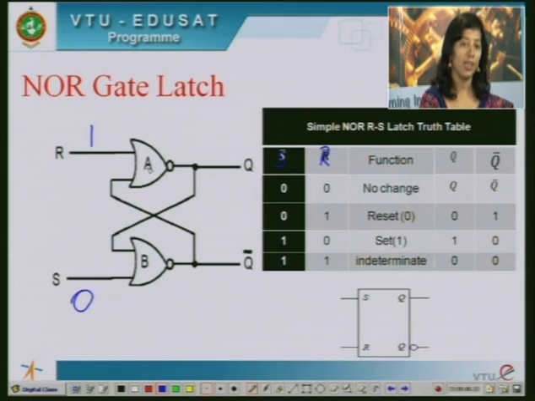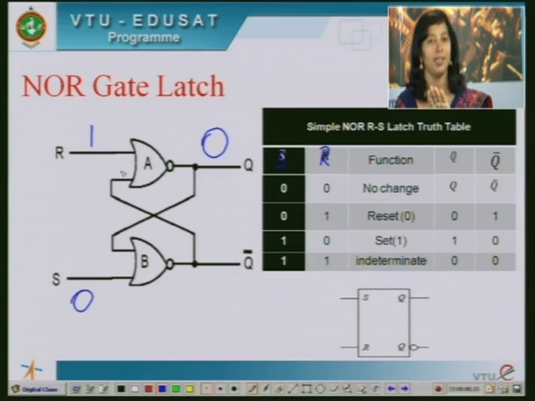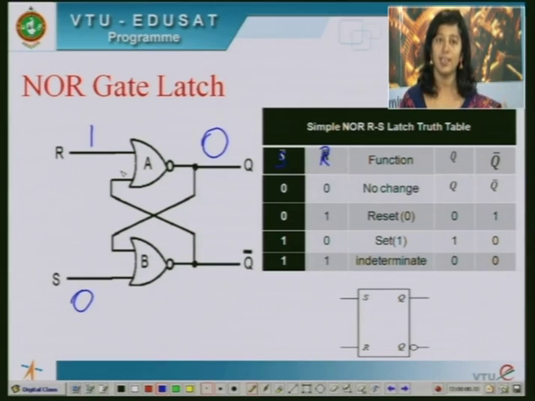In a NOR gate, if any one of the inputs is tied to logic 1, the output will go to low state, because 1 or anything is 1 itself, not of that is 0. So please remember, just like in a NAND gate, if one of the inputs was 0, output would permanently remain as 1. Here, if one of the inputs is tied to logic 1, output will permanently remain as 0.